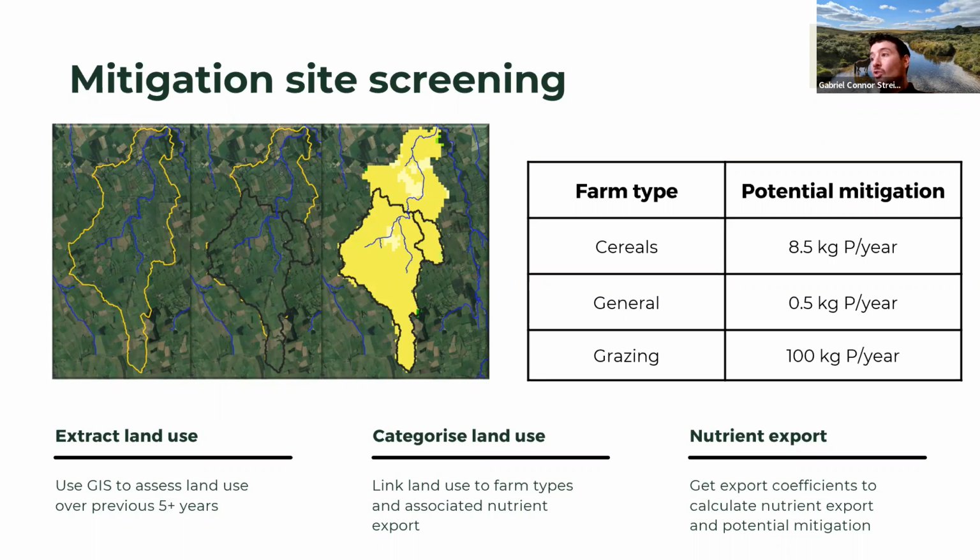We combine that with the efficiency estimates mentioned previously. We've got this ability, using literature, to set efficiency estimates of what we think these schemes can deliver. Effectively we reduce the export we calculated by the efficiency of the scheme, and that gives you a potential mitigation estimate.